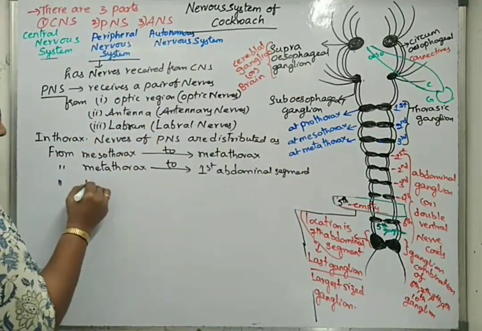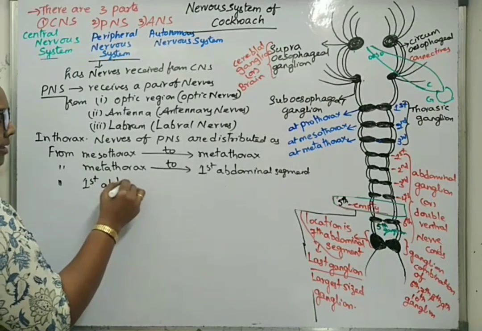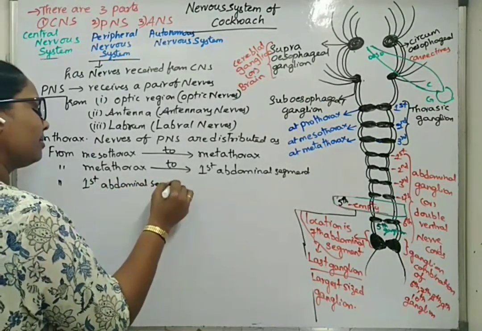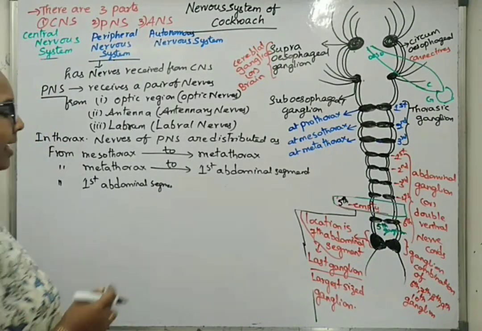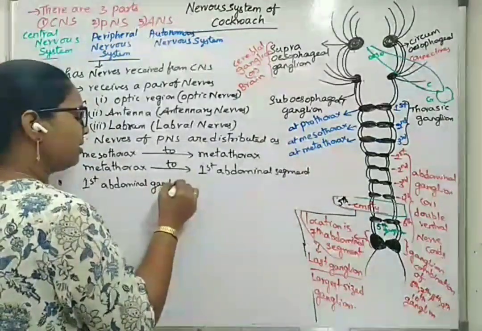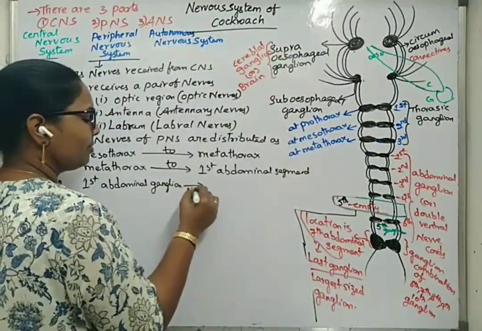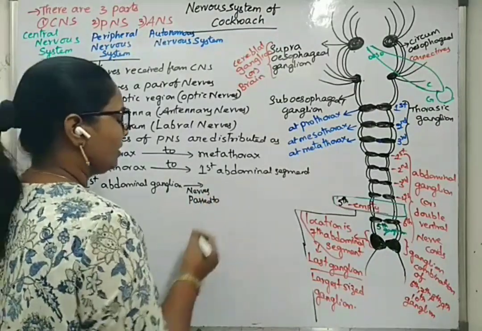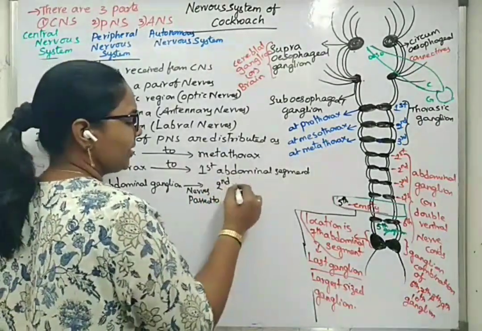Again, from the first abdominal ganglion, nerves passed to the second abdominal segment.